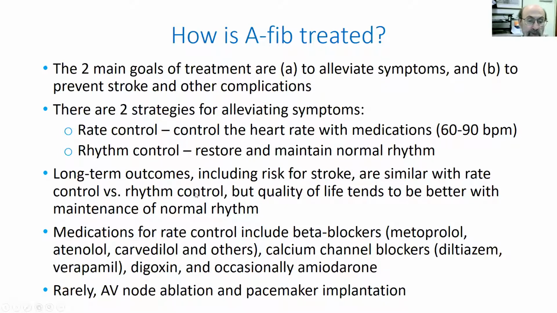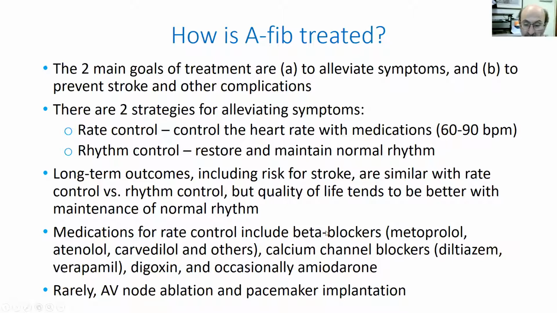And so with respect to long-term major outcomes, they're fairly similar. Quality of life, however, does tend to be better in people who have a normal rhythm. And later on in the discussion, one of my patients, Faye, is going to join us, and she'll be able to tell you her experience with being in atrial fibrillation versus being back in a normal rhythm.